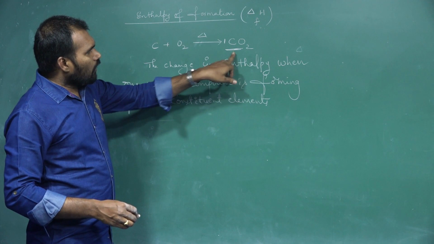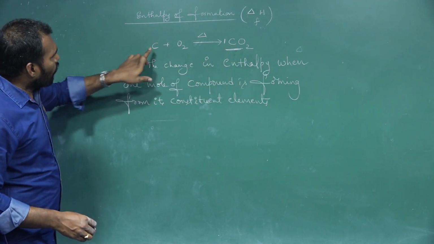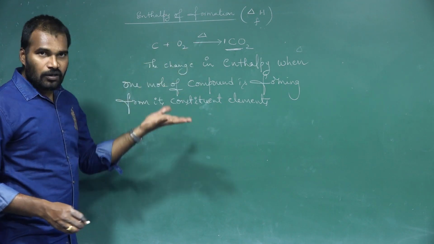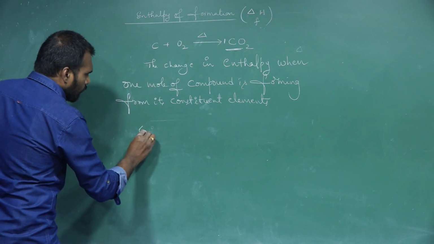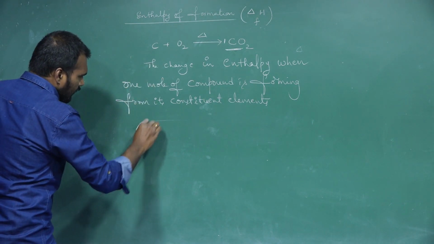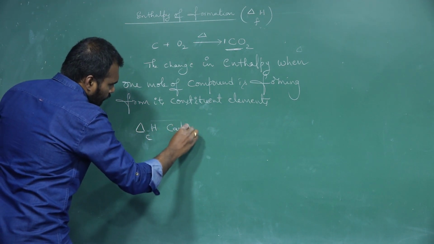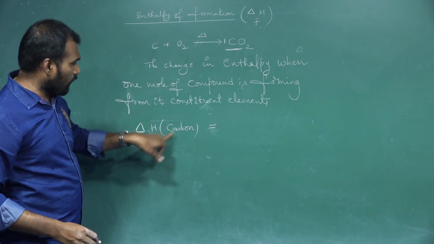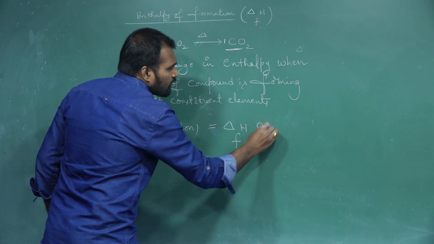You may get a doubt. This is enthalpy of formation with respect to CO2. And when 1 mole of carbon undergoes combustion, heating in the presence of oxygen, we call it enthalpy of combustion. So we can write one thing: enthalpy of combustion, del Hc, of carbon is equal to enthalpy of formation of CO2.